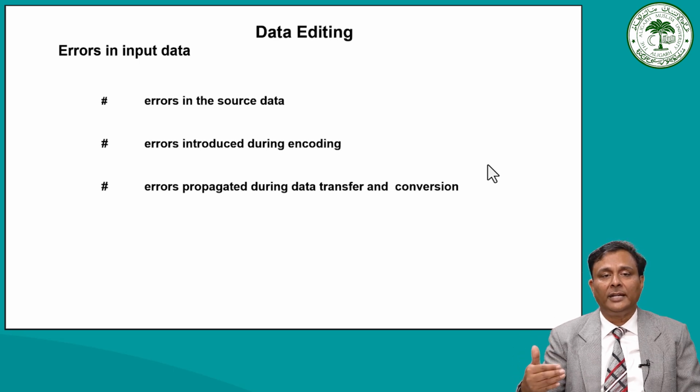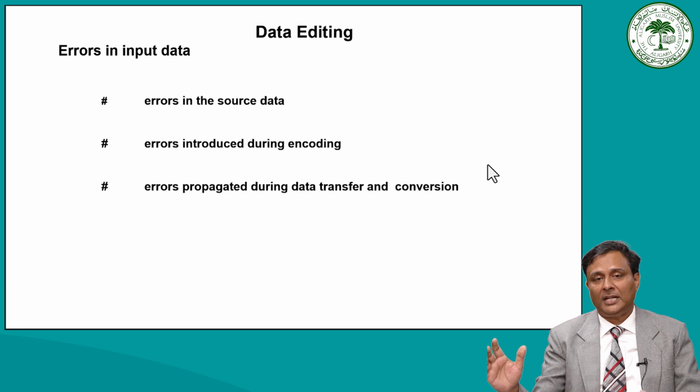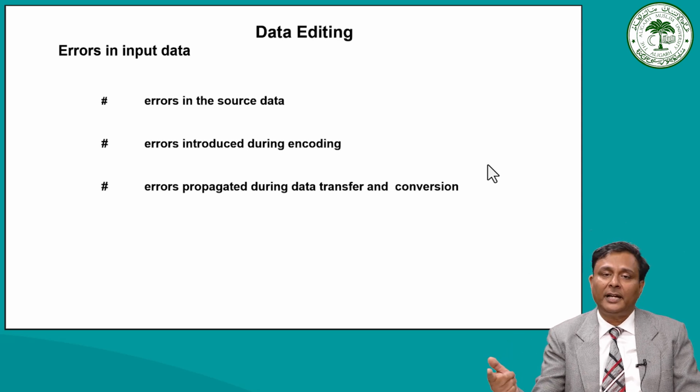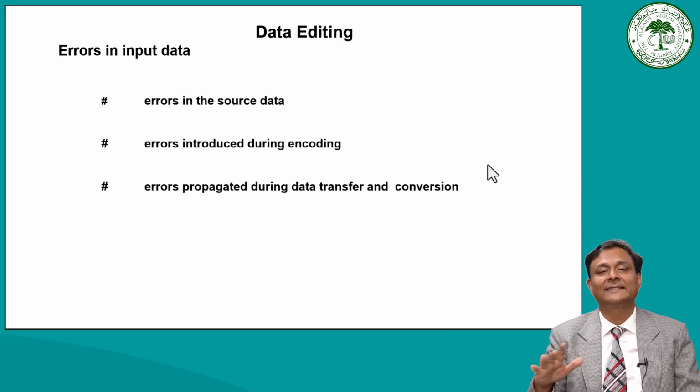So during encoding, if we are aware of how these errors may come, we need to rectify them at the beginning itself. Another kind of error may come during data transfer or data conversion. For example, if we are using satellite imagery and vector format data, when we convert the digital data into vector format, there would be some errors and these need to be rectified.